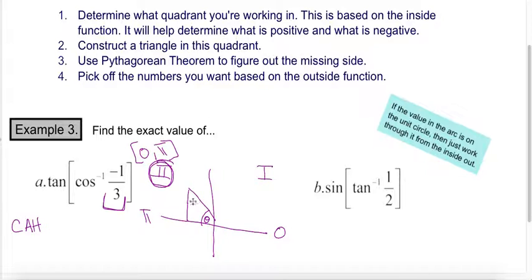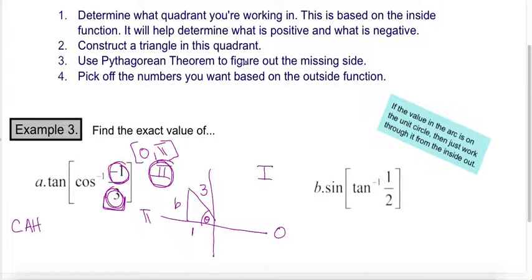So that means my hypotenuse is the 3, and the adjacent side is technically negative 1, but we're going to ignore the negative for now because we're talking in reference to the side length of a triangle. So for now, we're just going to say the side length is 1, because you can't have a negative side length. And then this last side, we don't yet know what that side is, so I'm just going to label it b.